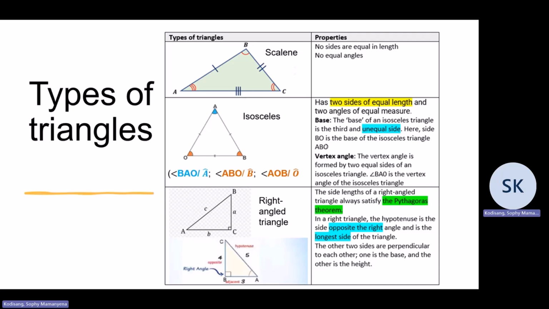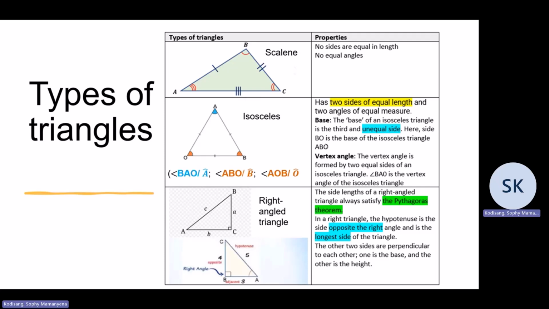So meaning that you can describe this kind of triangle by mere looking at the markings on the sides of the triangle or the angles in this particular triangle. If the angles are not equal, then you immediately conclude that it's a scalene triangle.